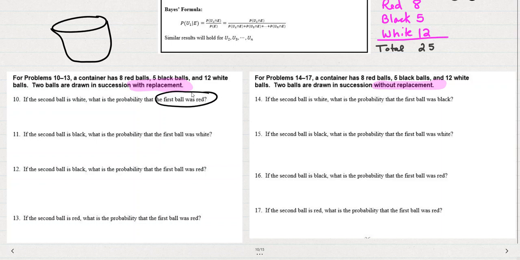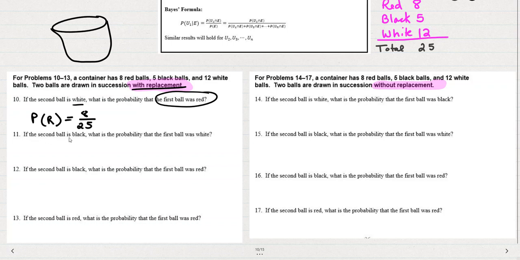Because that white ball, since it was put back, who cares that that's what we got, right? And all that means is if the second ball was white, all we're really concerned with is that that second ball wasn't red. So in other words, with replacement, it's just what's the probability of getting a red ball? And that's going to be 8 out of 25.